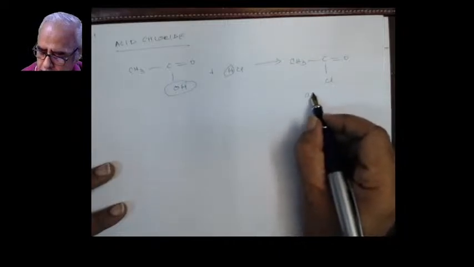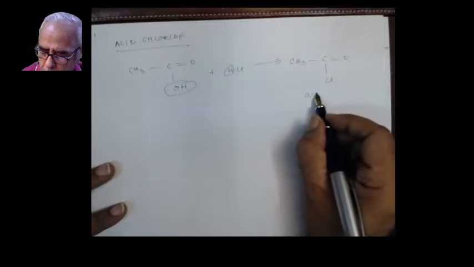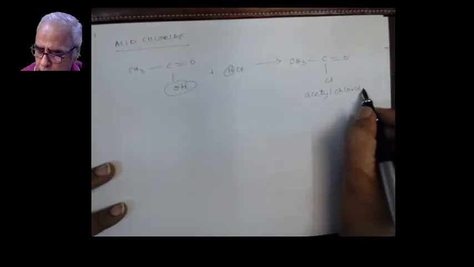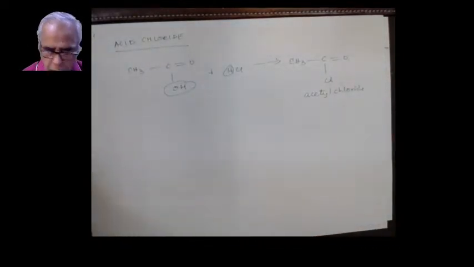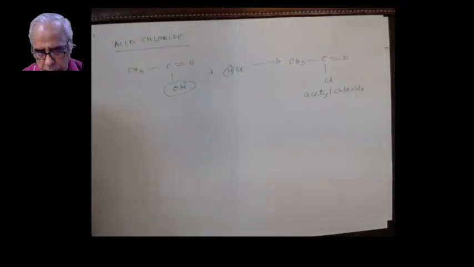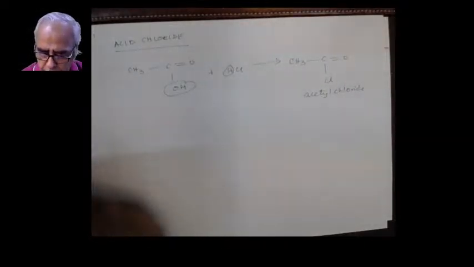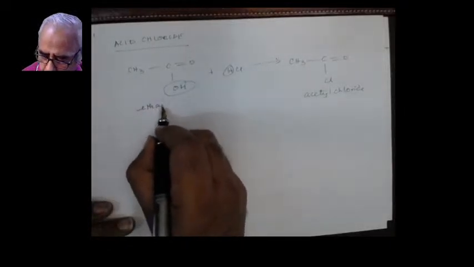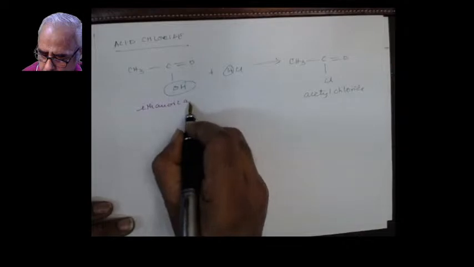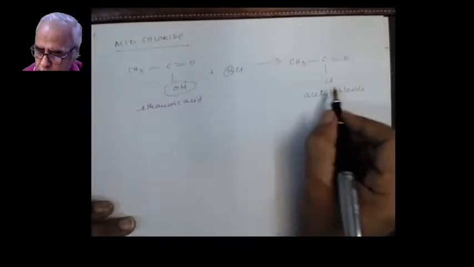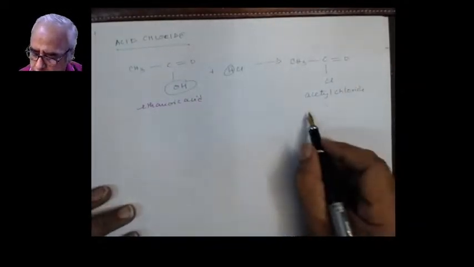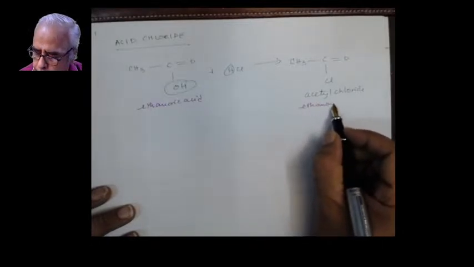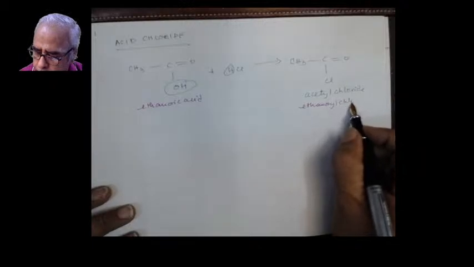This is known as acid chloride, acetyl chloride. And the IUPAC name is ethanoyl chloride, because it is obtained from ethanoic acid.